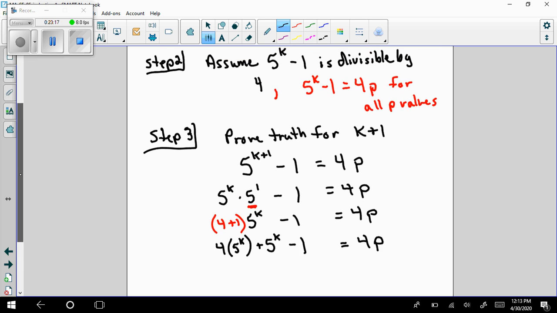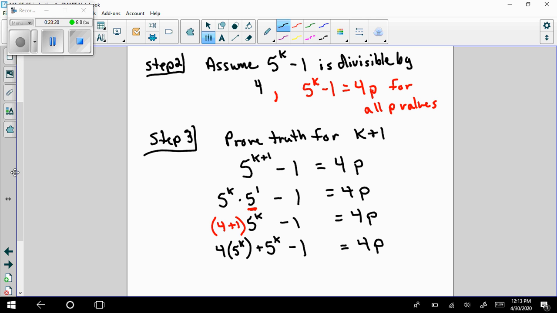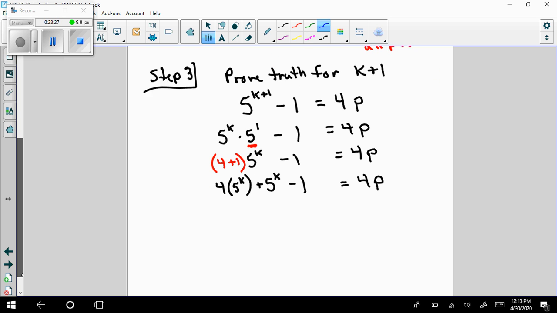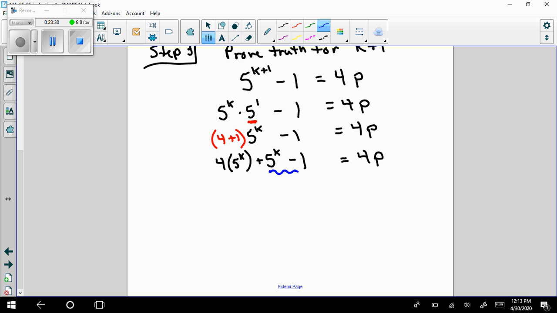Okay, so now if I look back at my original statement right here, I know 5 to the k minus 1 is equal to 4p. So I can substitute 4p right here. And I have my 5 to the k times 4. So all I did was a substitution. I want that to be equal to 4p. So now I can factor out a common factor 4.